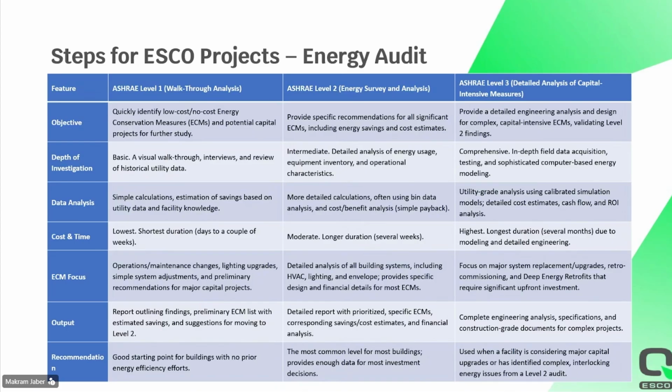We know that we are going to replace the lights. We are going to implement control on the HVAC, and this audit is of very short duration, and the results are not accurate all the time. So the client will have a little idea about what type of ESMs we can do, and what the estimated cost is.